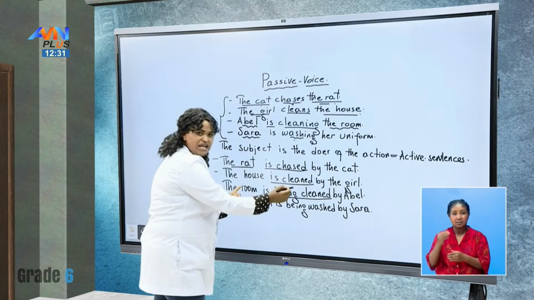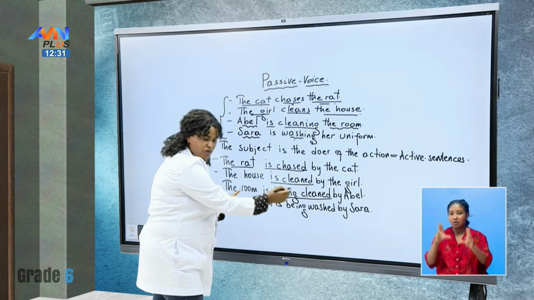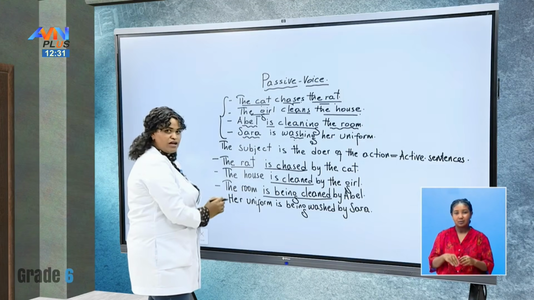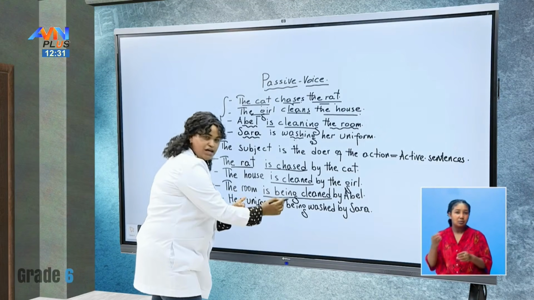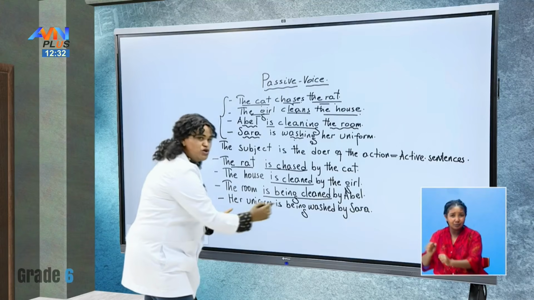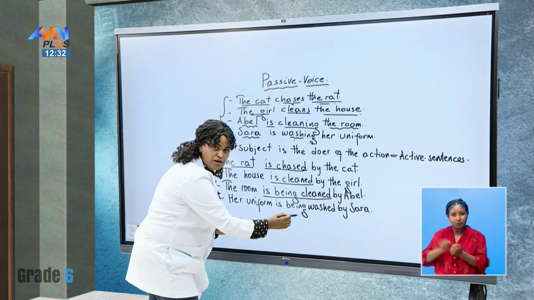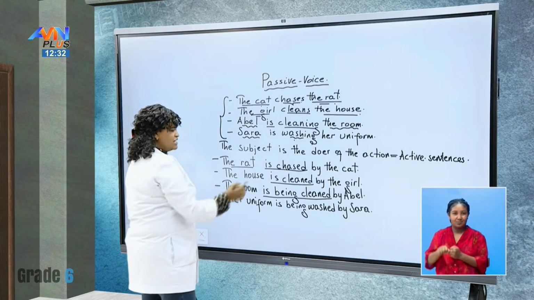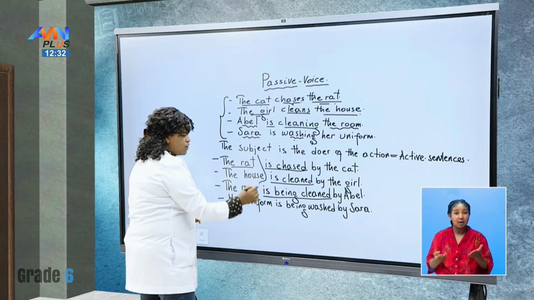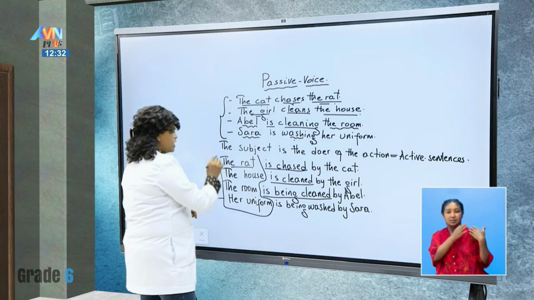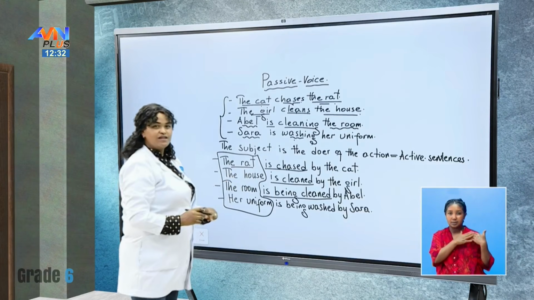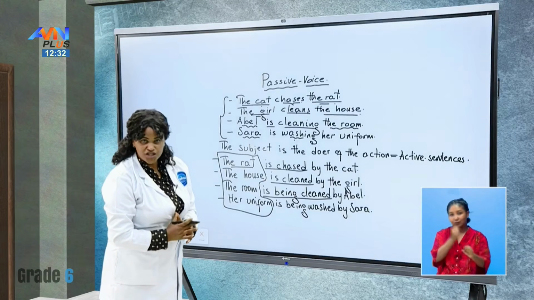Is the house the cleaner? No. Okay, the same thing. Is the room the cleaner? It is not. Is the uniform the washer here? No. But these things are what? Our subjects. Even though they are subjects, they are not the doer of the action.